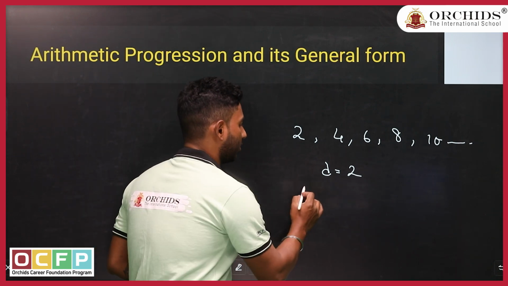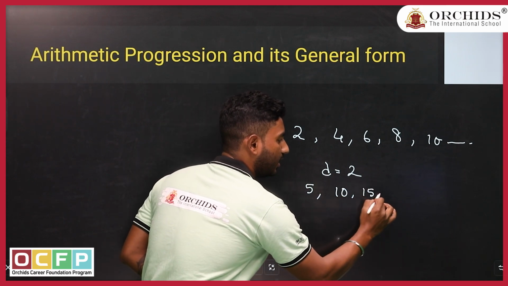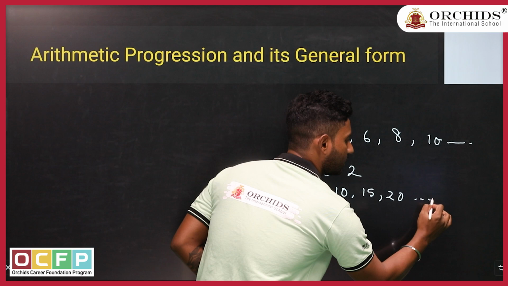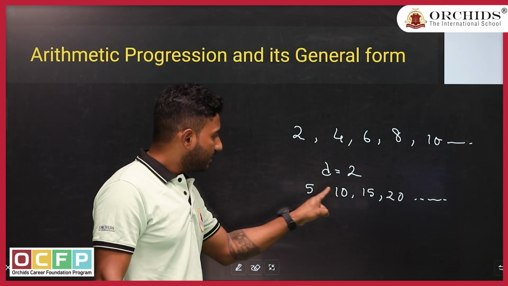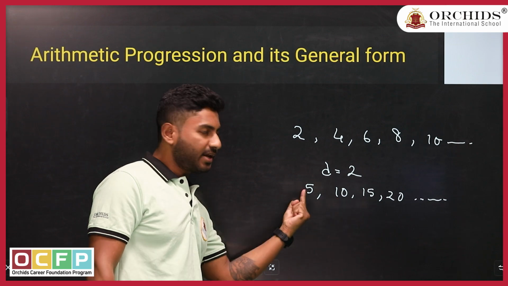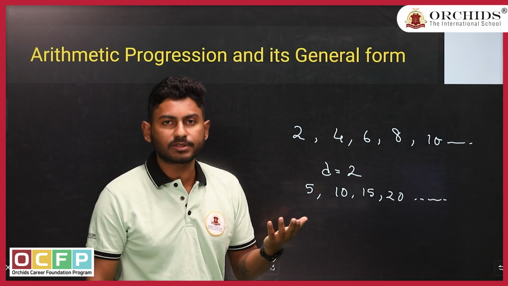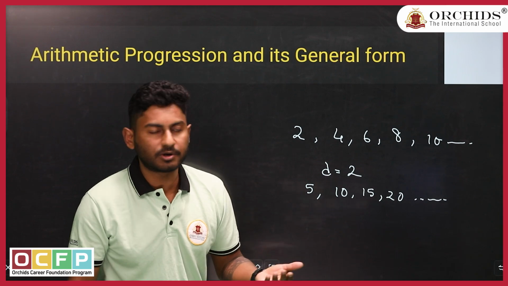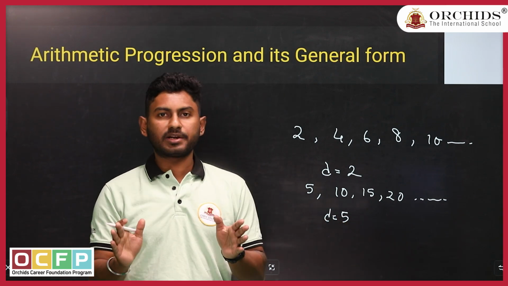Another example: 5, 10, 15, 20 and it goes on. Here the common difference is 10 minus 5, 15 minus 10, 20 minus 15. That's D, and this time D is 5. Well understood? Fine.